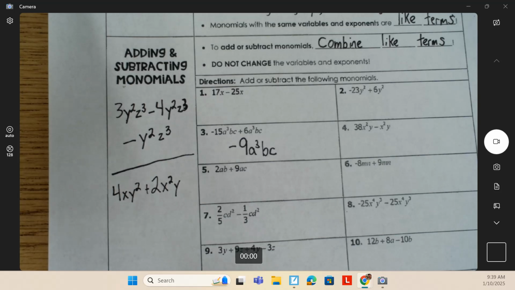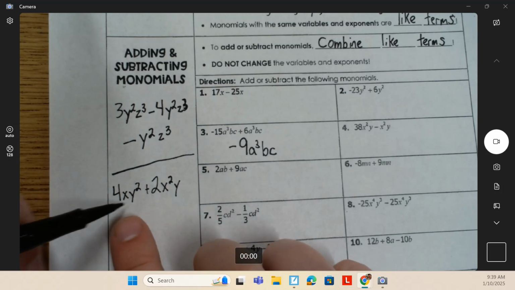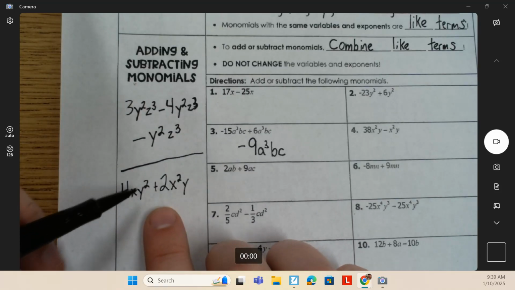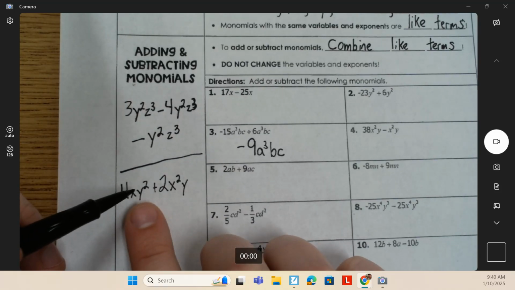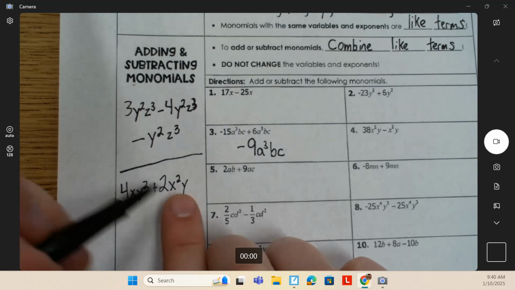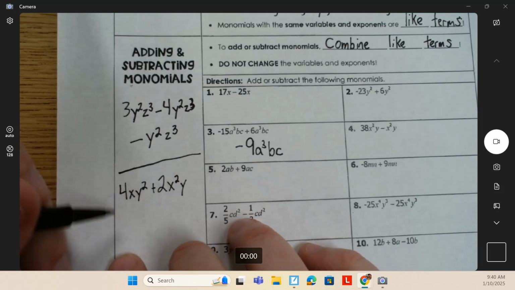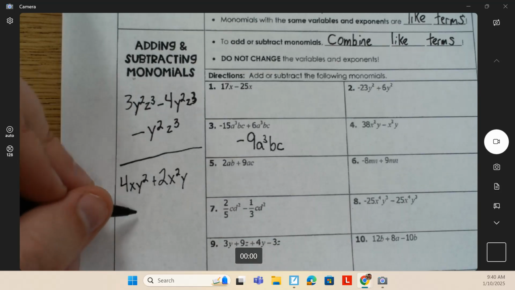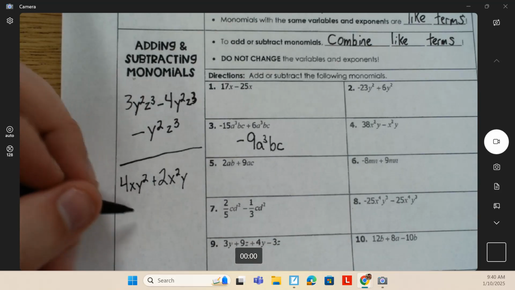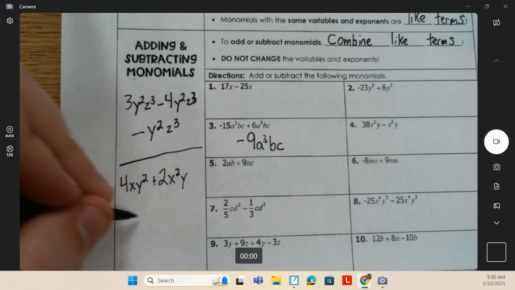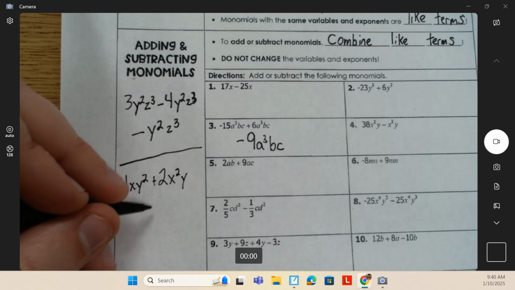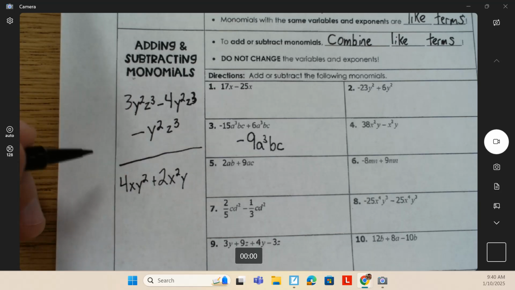So if I were to put numbers in for x and y, the value of that whole term here wouldn't come out to the same. So multiplying that by 4 and this by 2 doesn't give you multiples of the same number. So these, since they don't combine, I'd just rewrite down the same thing. 4xy squared plus 2x squared y.